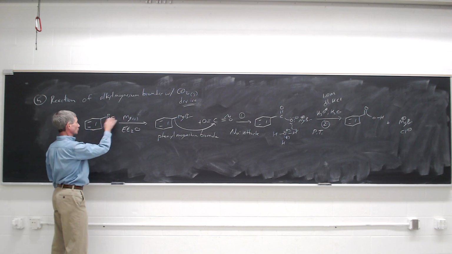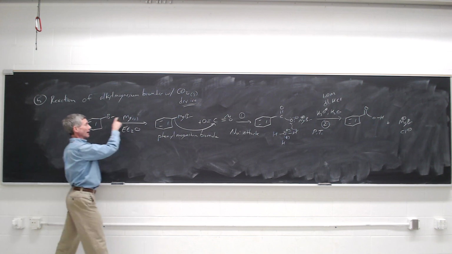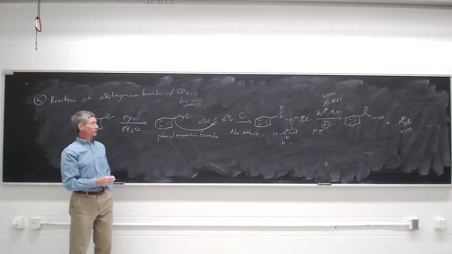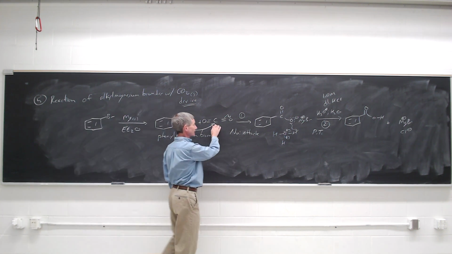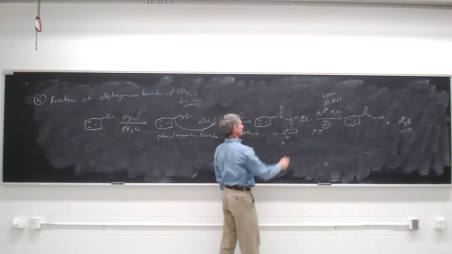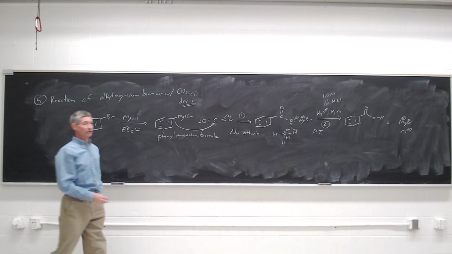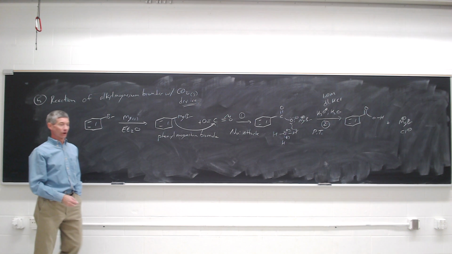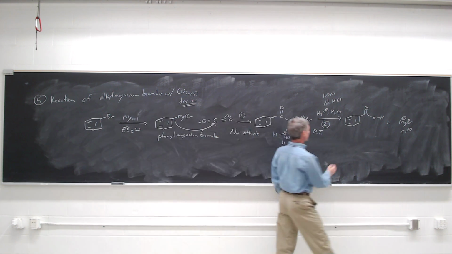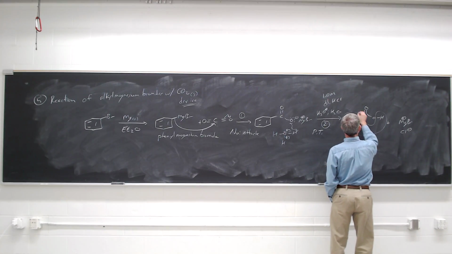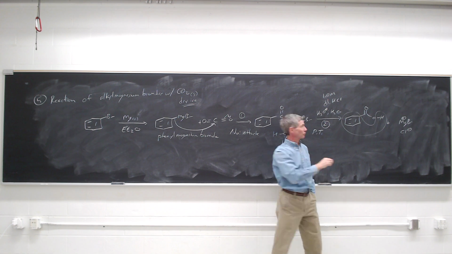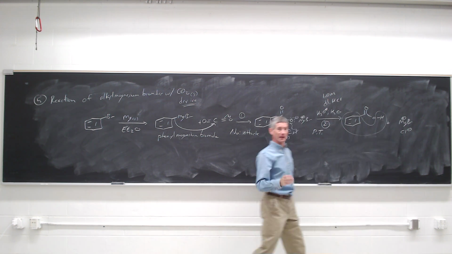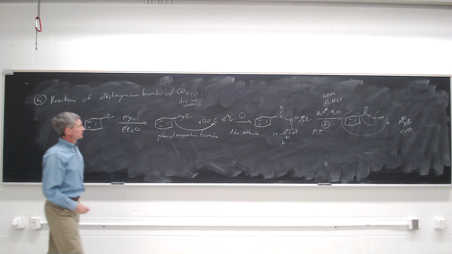This is just an insertion of magnesium to convert the aryl bromide to the Grignard reagent, and then we have a nucleophilic attack, followed by a proton transfer. We've effectively added the elements of benzene across the carbon oxygen double bond. The nucleophile being the phenyl group, the electrophile being the aqueous acid.